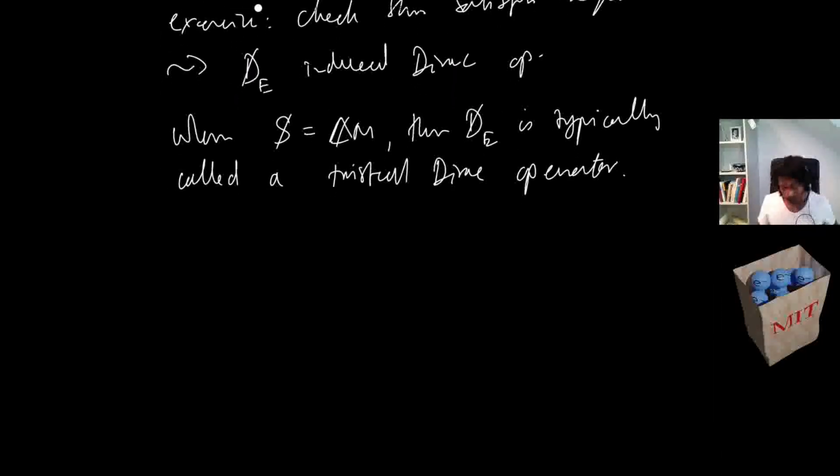Okay, so the point of all of this is really to show that there is a very large and non-trivial class of vector bundles and operators that satisfy the hypotheses that we have in the APS theorem, right?